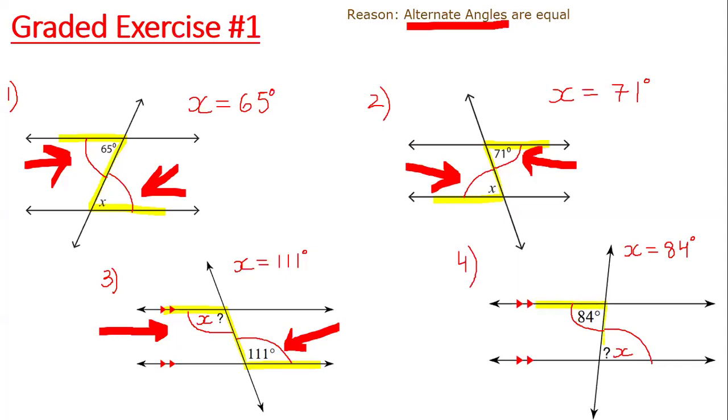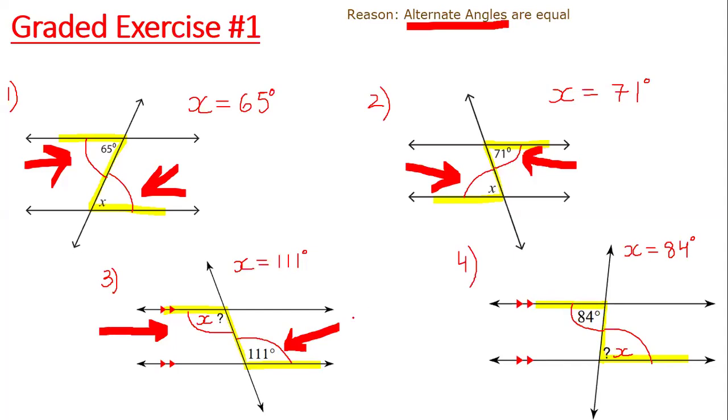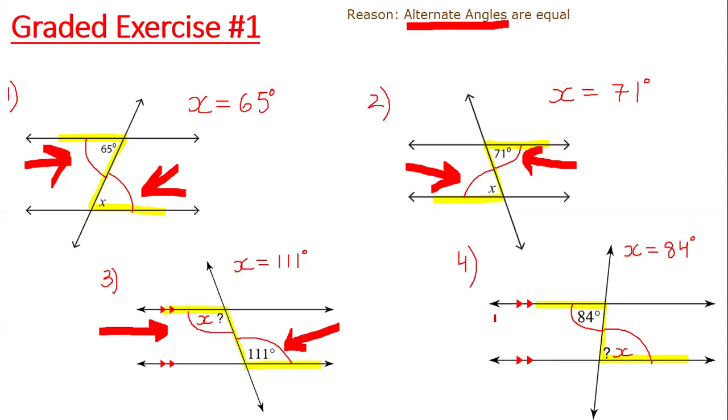No. It's 84 because alternate angles are equal, and they form a Z shape. As you can see, in each of these cases you have the Z shape forming. So if this is 84, obviously this one would also be 84.